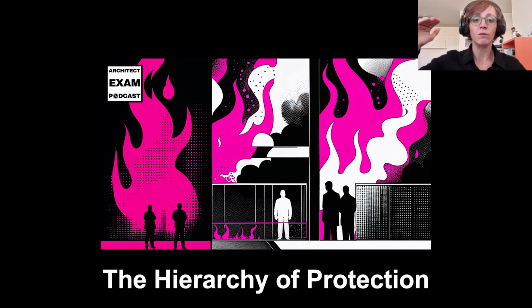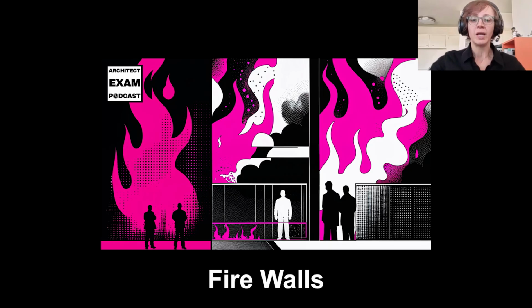So we start out with firewalls, then fire barriers, then fire partitions, then smoke barriers, then smoke partitions. We're going to talk about each one of these individually and how we can differentiate between them. The most robust fire-rated assembly would be your firewall. So that's starting in terms of hierarchy from the most robust, and then we're going to move on to the least restrictive and the least robust of these.